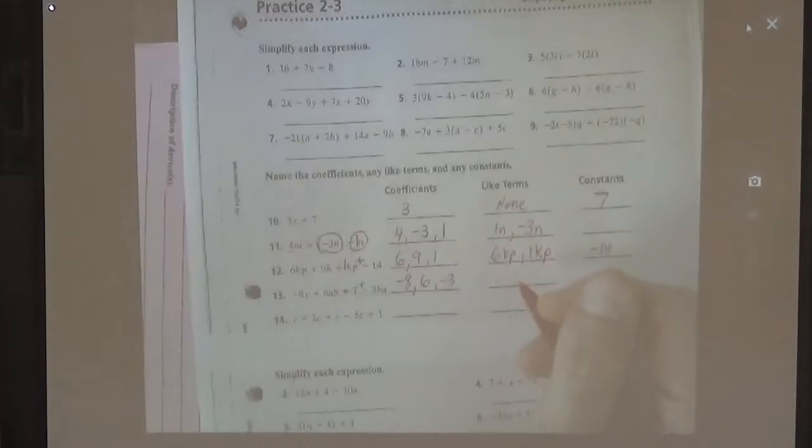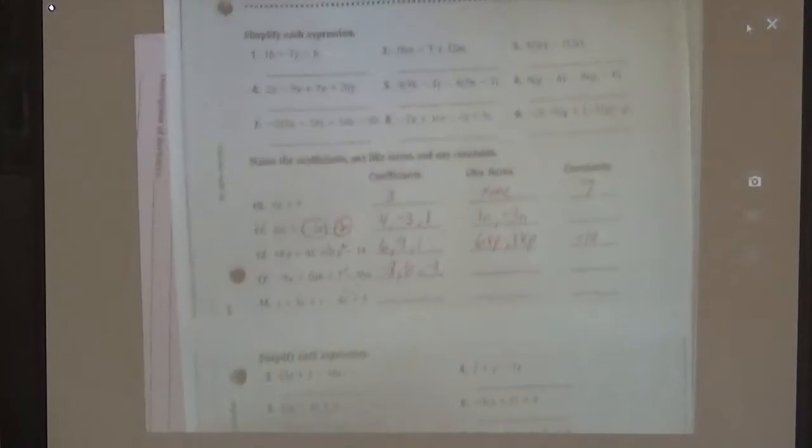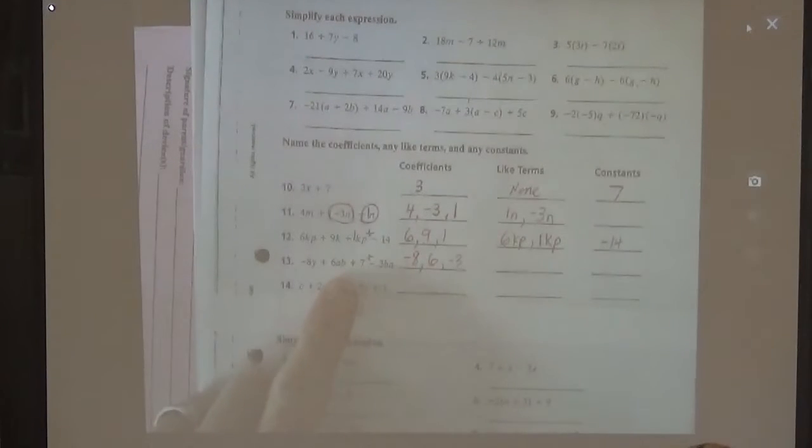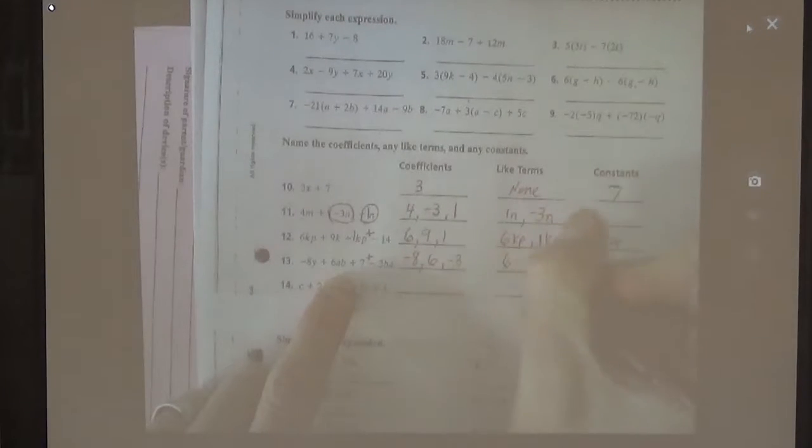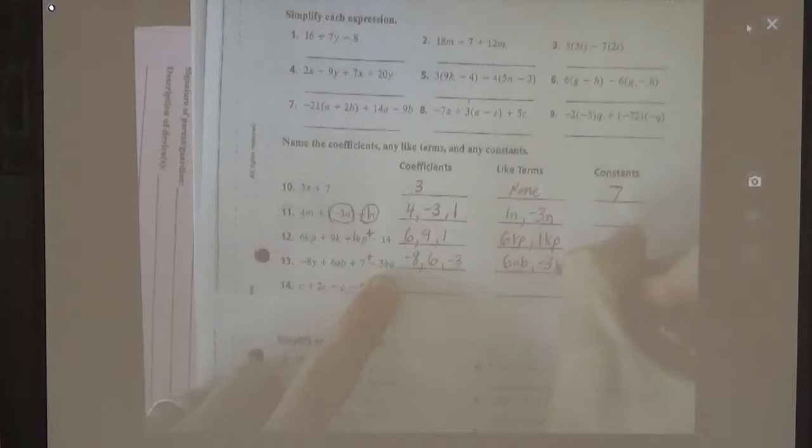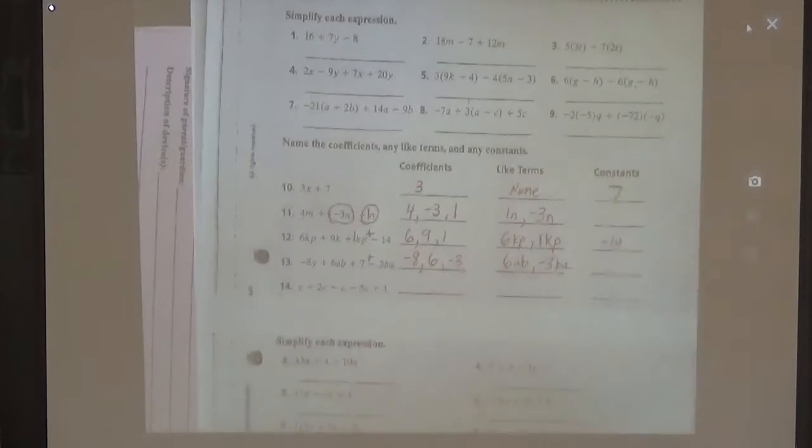How about like terms? Sophie? This one's a little tricky. Good. And negative 3ba. Do you know why those are like terms?